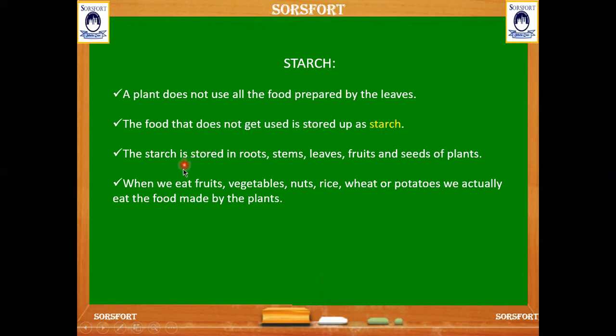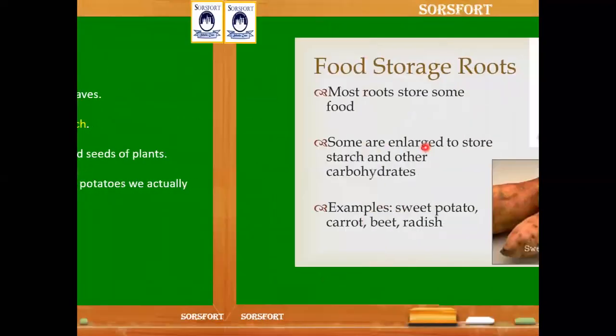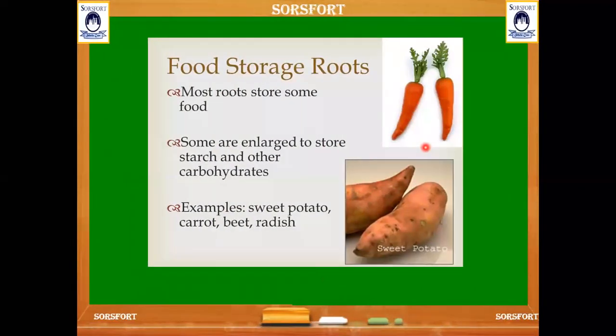Starch is stored in different parts of the plant like roots, stem, leaves, fruits, and seeds. When we eat fruits, vegetables, nuts, rice, wheat or potatoes, that is the actual food which is stored as starch by the plant.